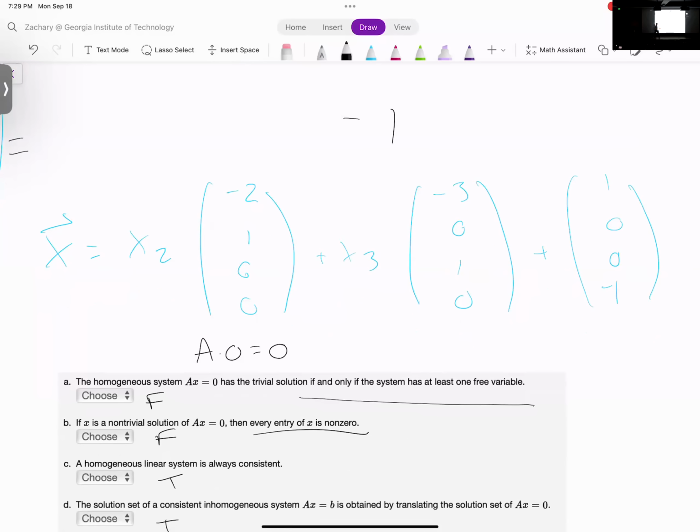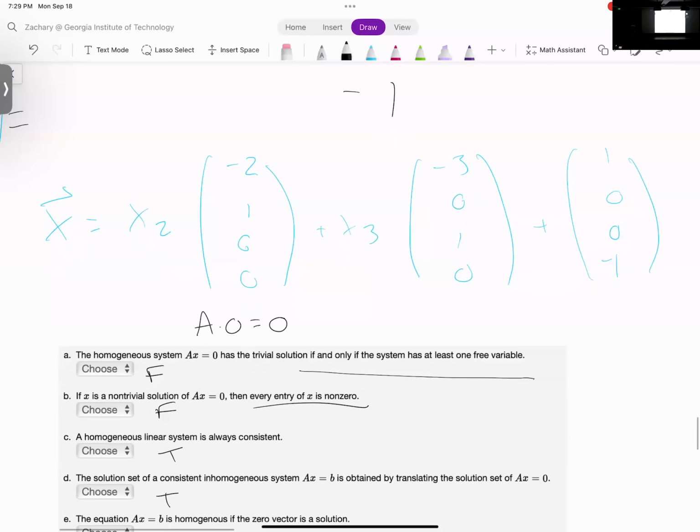Does that make sense? I said every B has a unique VP. The unique VP for solving equal to 0 is nothing. For solving a homogeneous equation, it's just plus 0. That's our unique particular solution for a homogeneous system.